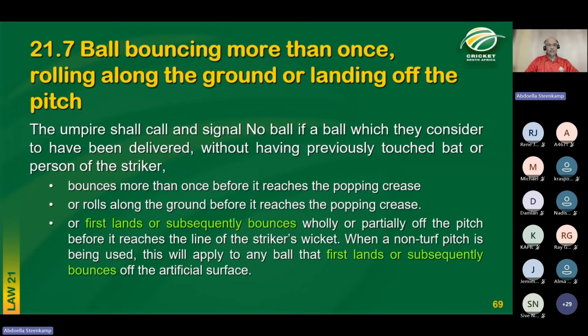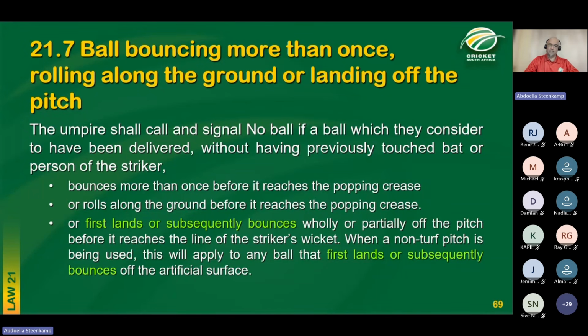And then lastly, the law wants the ball to first land or subsequently bounce, whether wholly or partially, off the pitch. If the ball goes or lands wholly or partially off the pitch before reaching the line of the striker's wicket, where's the line of the striker's wicket?